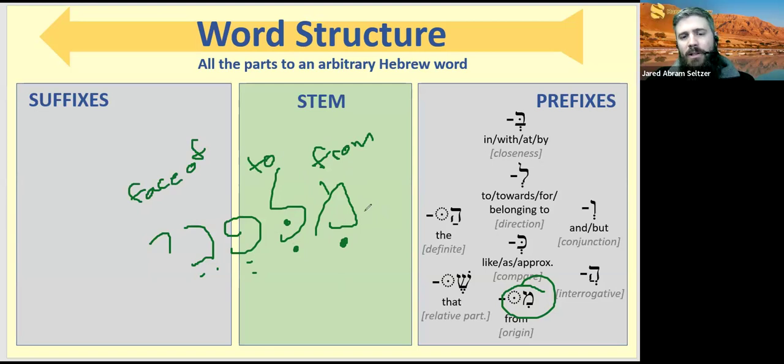Like Moses went milifne Pharaoh. He was before Pharaoh, and then he walked away. So you can stack these prepositions. And then this would probably come last, either a definite article or that relative particle. Okay, so those are your prefixes.